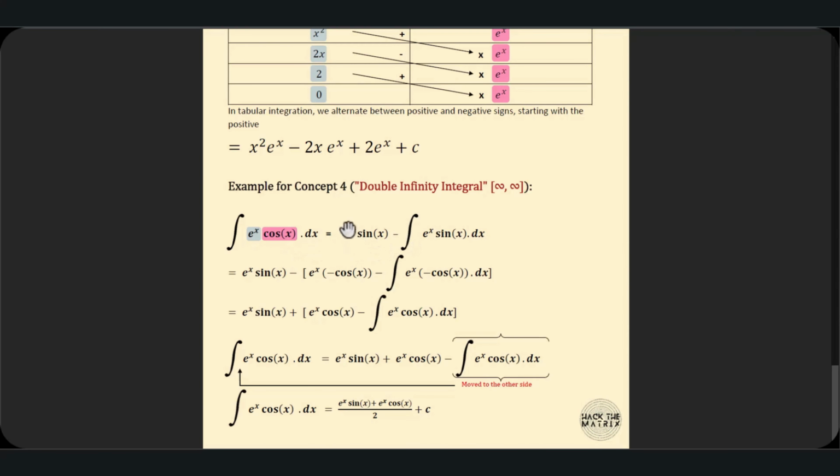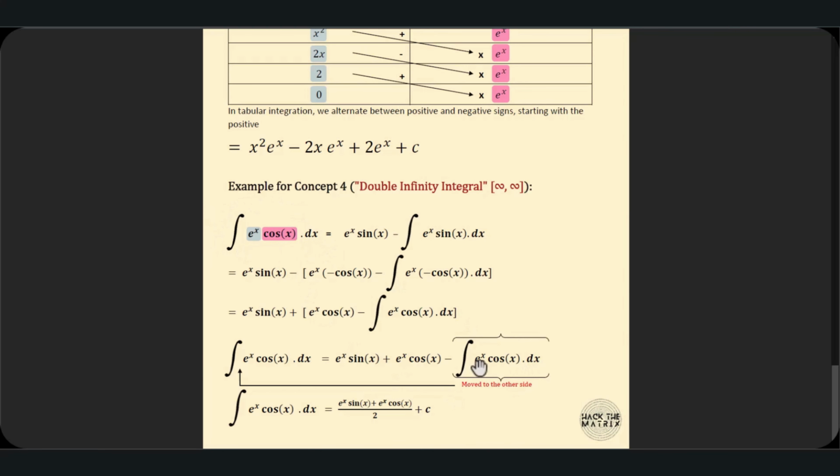This is retaining part 1 and integrating part 2. It's basically concept number 1. We are applying it again and again until you reach a step in which you find a term that looks like the term in the question, which is the integral of e^x multiplied by cosine x with respect to dx.